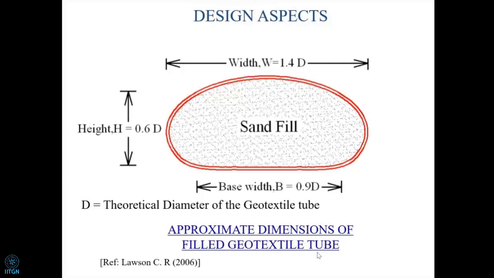Generally, in terms of D, 3 meter is the diameter. After installation, it will take approximately 1.4 times D, as you have seen in the figure, as the total width at the top, and the bottom width will be 0.9 times D, and the height will be 0.6 times D. That is, with a 3 meter tube, you can get an elliptical shape of 1.8 meter height.